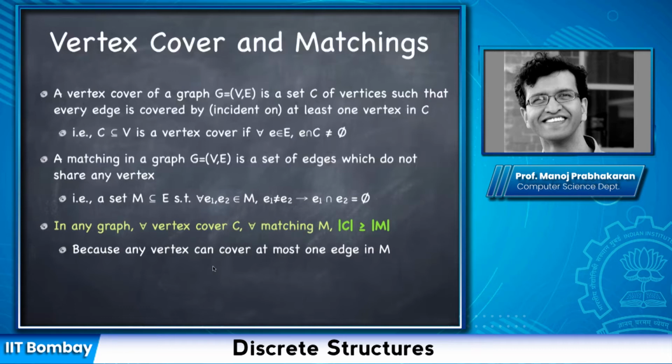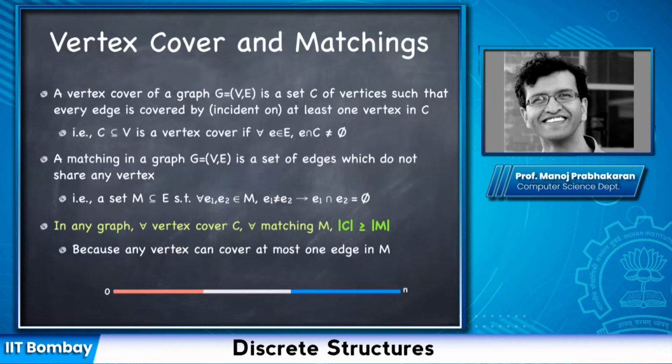So every vertex that you pick in your vertex cover can cover at most one edge in M. So you need at least as many vertices in your vertex cover as there are edges in M. So that's an easy lower bound saying that the size of a matching is a lower bound on the size of the vertex cover.